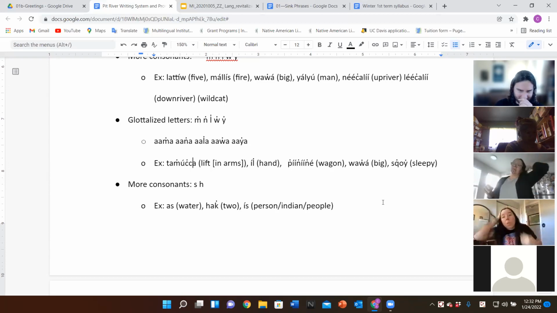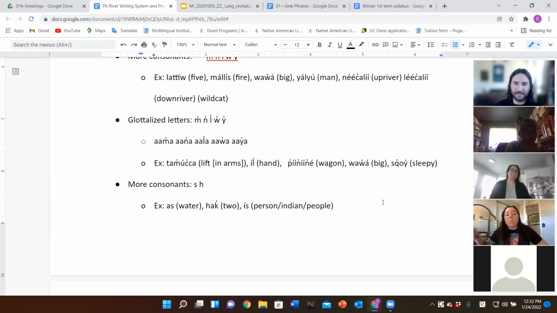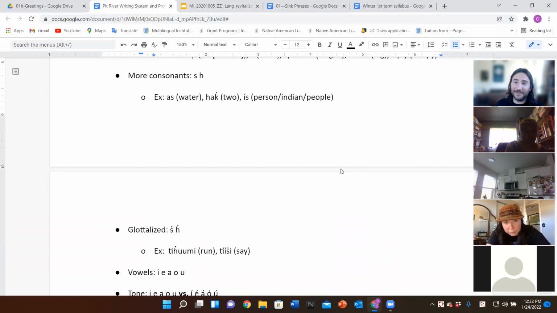I don't know if the glottalization is directly related to that, because you do see high tones and low tones with the glottal letters. It could be, but you'd have to try to find a pattern with that. That's how linguists do it, they look for patterns to find the rules of the language. So you could be onto something, but I'm not qualified to say.